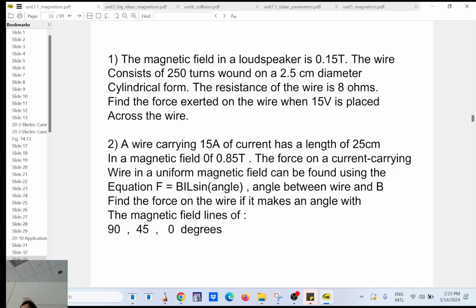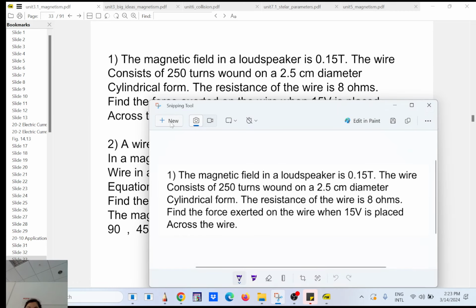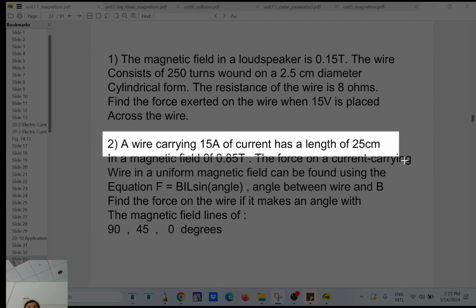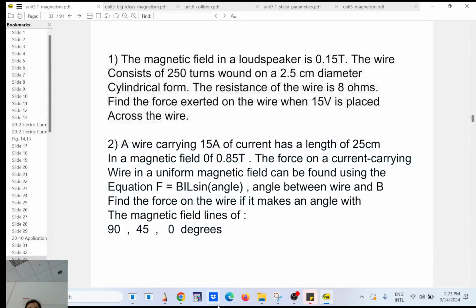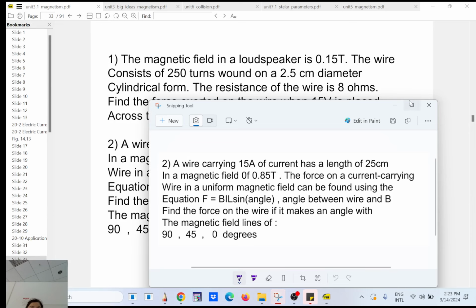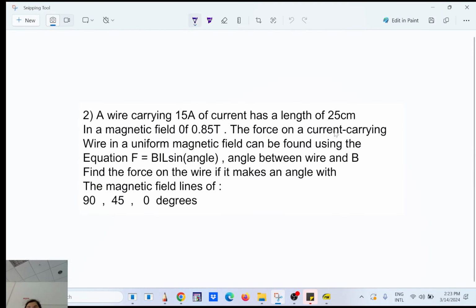Okay, so let's try to do number 2. Number 2 is easy. It's just a numerical application. And again, you want to read your textbook, okay? I recommend Johnson and Cutnell, but the other one is also good. So you have the current here. You have the length of the wire, which is 0.25 meters.